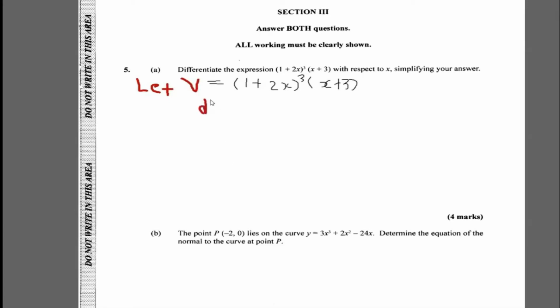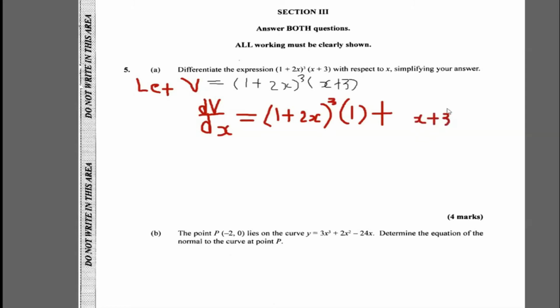So this is v. Then dv by dx is going to be equal to, we're going to use product rule. Keep the first one, which is (1 plus 2x) raised to the third power, times the derivative of the second, which is 1. You differentiate x plus 3, get 1, plus keep the second one, which is x plus 3, times the derivative of the first one.